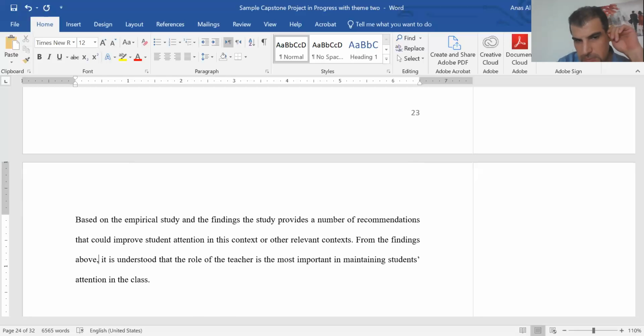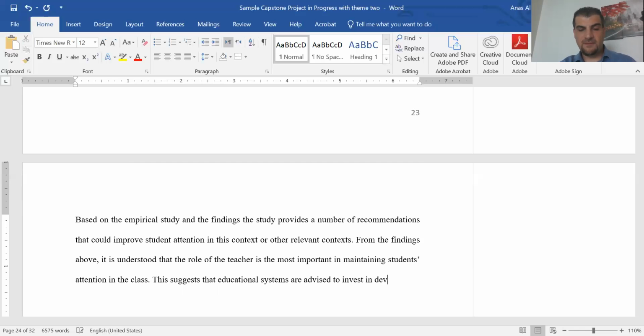From the findings above, it is understood that the role of the teacher is the most important in maintaining students' attention in the classroom. This suggests that educational systems are advised to invest in developing teachers' abilities in maintaining students' attention.